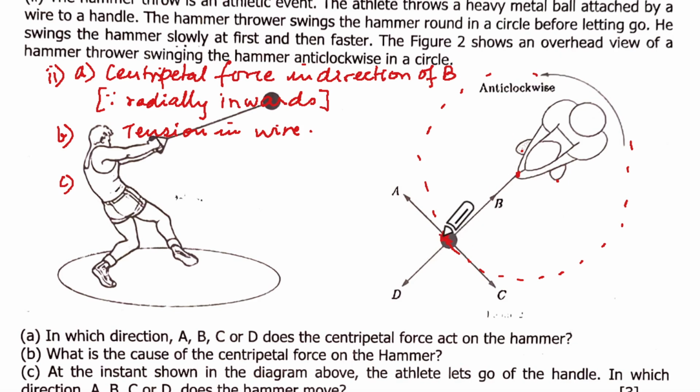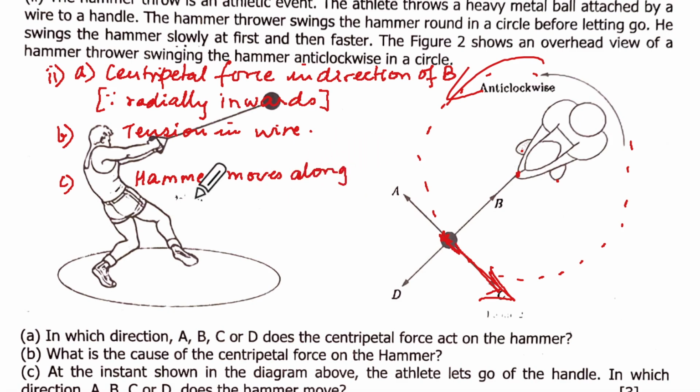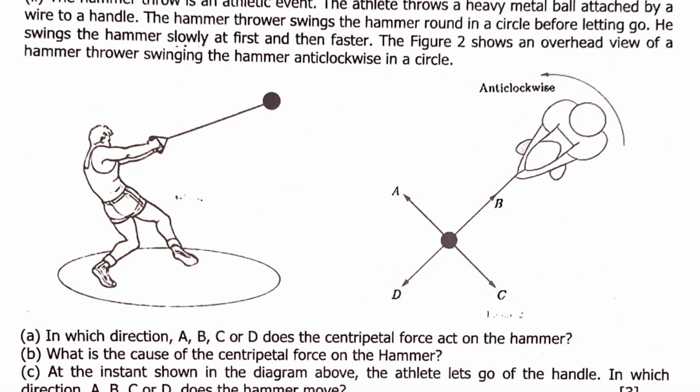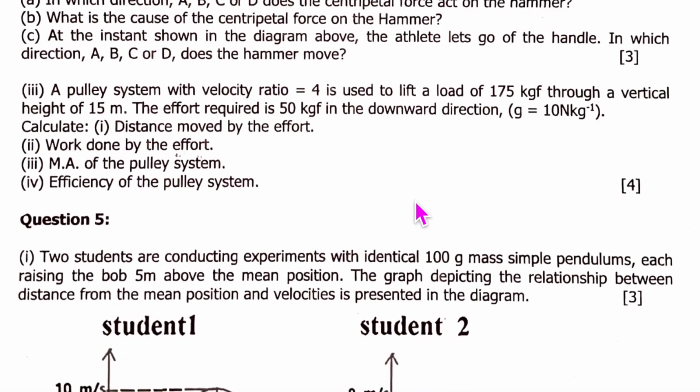So at this point along the tangent, if the motion is this way, it's going to go this way, not towards A. So keep visualizing this, and then you will say that the hammer moves along the direction of C. Okay.